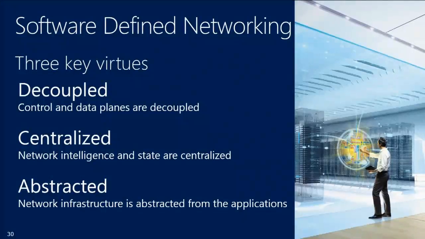Really, the first thing is we want to decouple that control plane from the data plane. By doing that, it'll add a lot of flexibility to our network infrastructure. It also helps us centralize. The reason centralization is so important to a lot of us, although it doesn't have to be, is because often that allows us to consolidate roles. So if you have somebody that you've defined as a cloud administrator, and they're creating the systems and the networks all together, they will have to become more proficient across boundaries here.